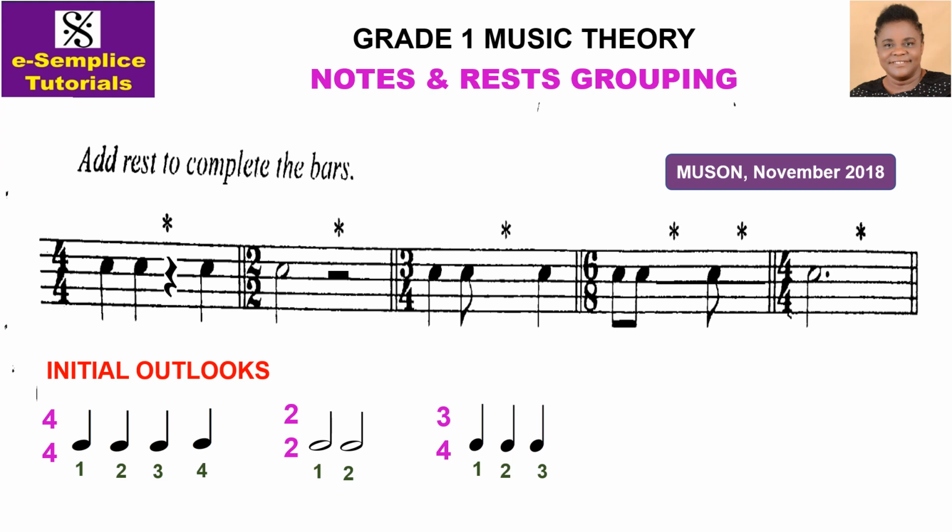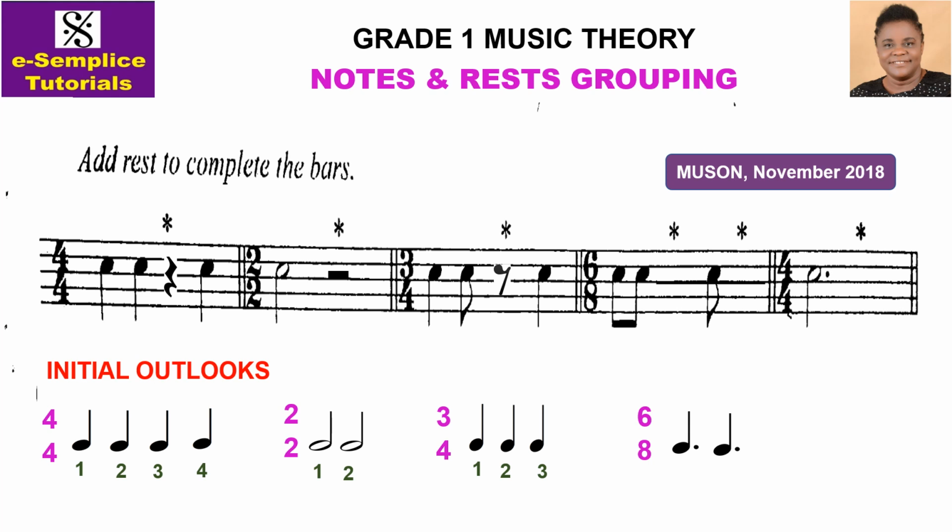Now 3/4 time, we have beat 1 in the question, we have beat 3 in the question, but beat 2 is only a quaver, so we will need another quaver to balance beat 2, but the quaver means you are going to use the rest of a quaver to balance that bar. Now we come to 6/8 time.